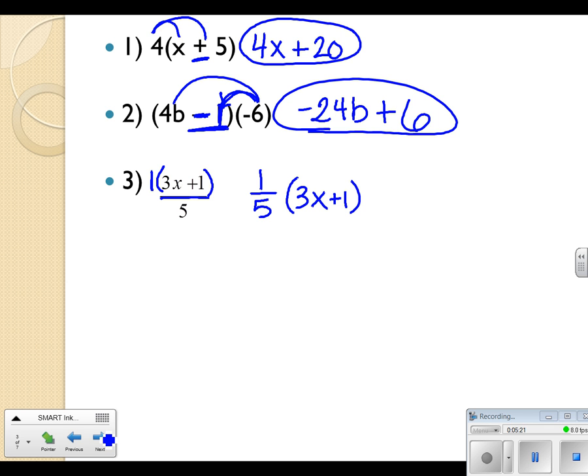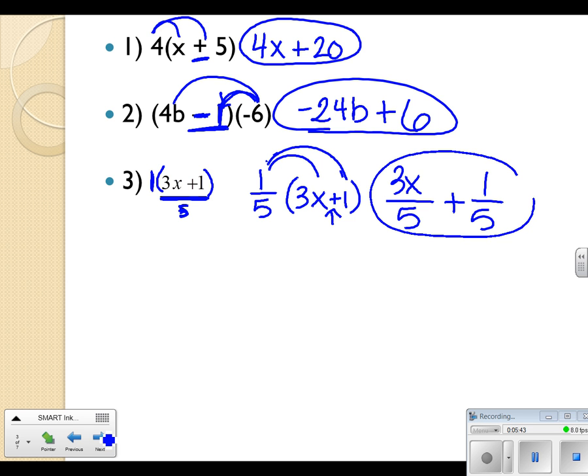So instead of dividing by the 5, I'm going to multiply by 1/5. Distribute the 1/5. 1/5 times 3x gives you 3x over 5 plus, as there's a plus sign right here, 1/5 times 1, which gives you 1/5.